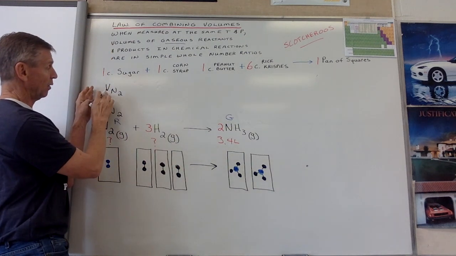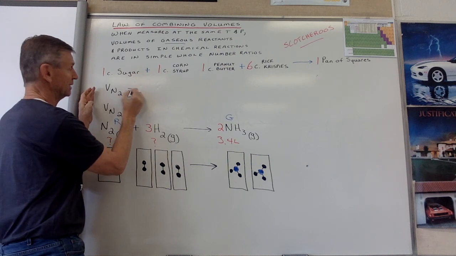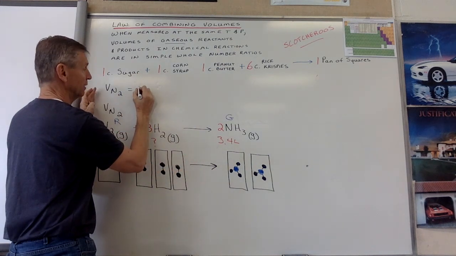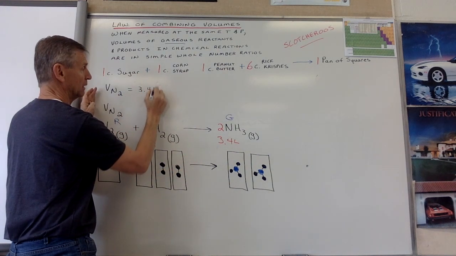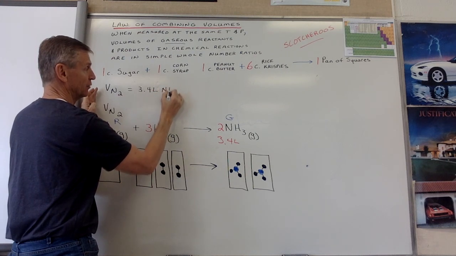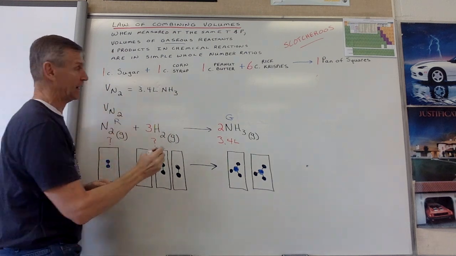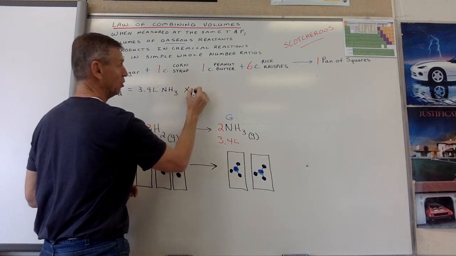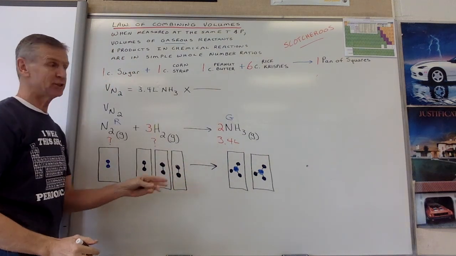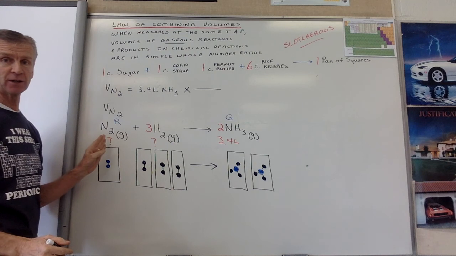So I say, I want to calculate the volume of nitrogen needed. That is equal to the given amount, 3.4 liters, and I'm going to put here what the chemical is, 3.4 liters of ammonia. And then I'm going to multiply it by the ratio between ammonia and nitrogen.